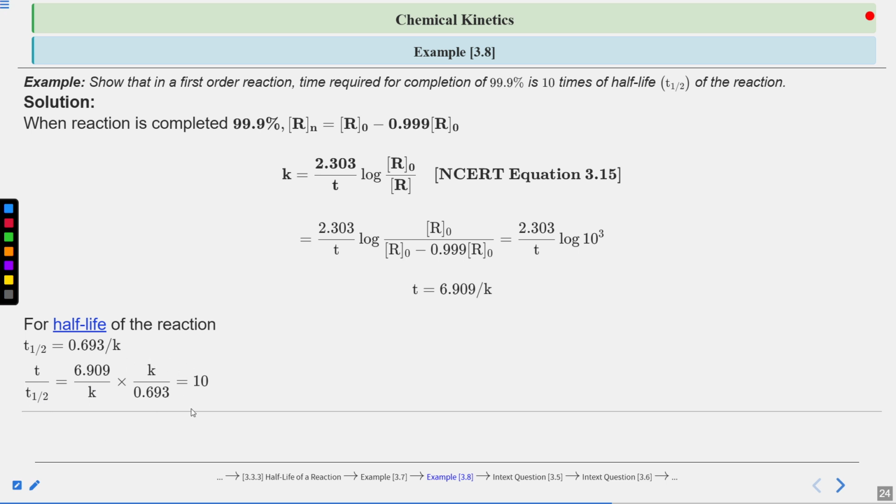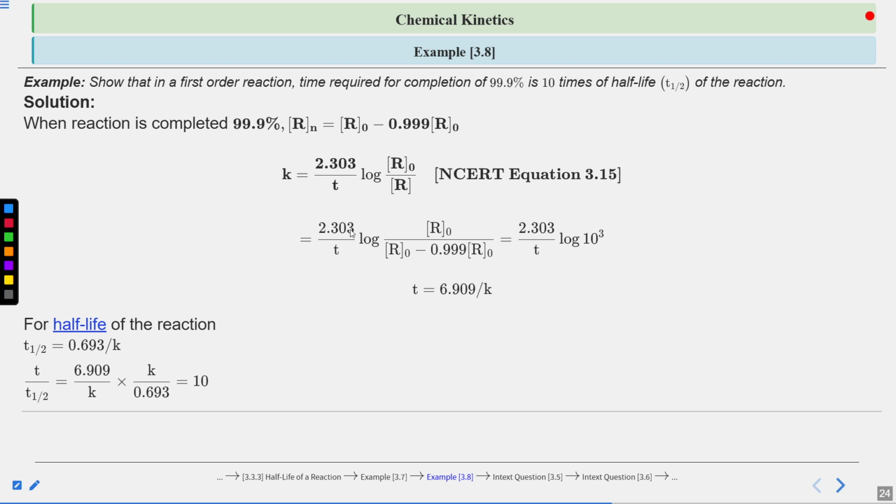The equation will become like this, and K will cancel out from here, and now this divided by this is equal to 10. So what we have to show is that in a first order reaction, the time required for the completion of 99.9% is 10 times the half-life, and that's how we can show that.